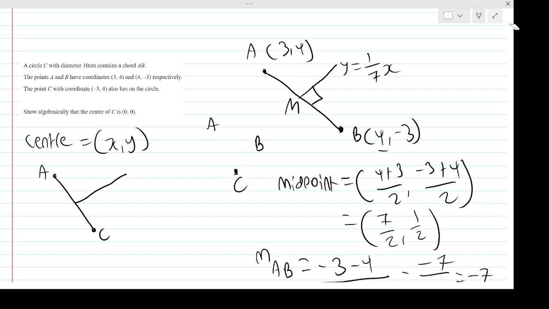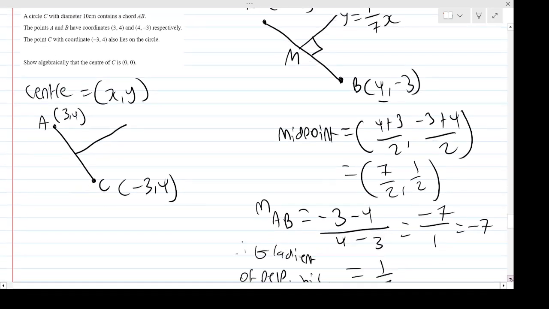But yeah, so now we've got another perpendicular bisector we can work out. Okay. So again, A has the point (3, 4), and C has the point (-3, 4).